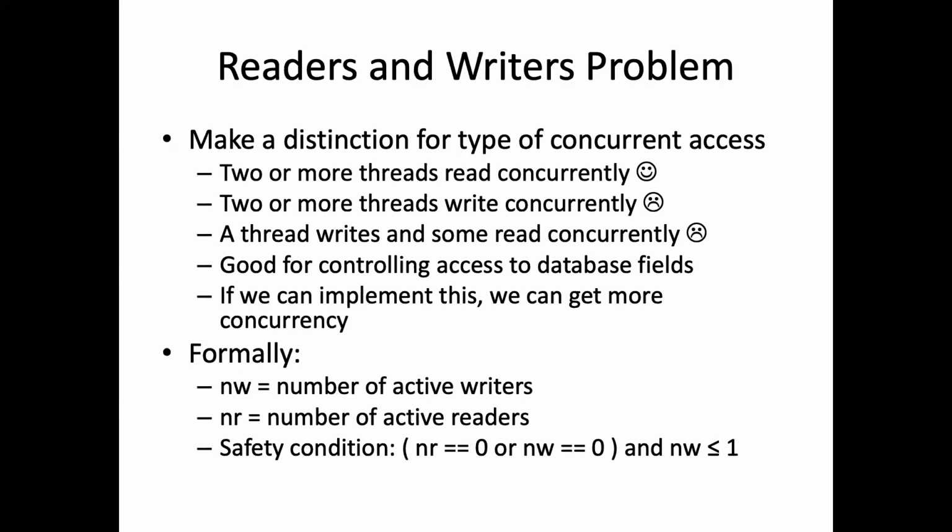The readers-writers problem lets you give out two different kinds of locks based on what you plan to do. And up here at the top is what I just said. It's okay for two threads to read concurrently, but we don't want two threads to try to write to the same thing concurrently. And we don't even want to mix. We don't want some of them trying to read while others are trying to write. So we're going to build an object that gives out locks that way.